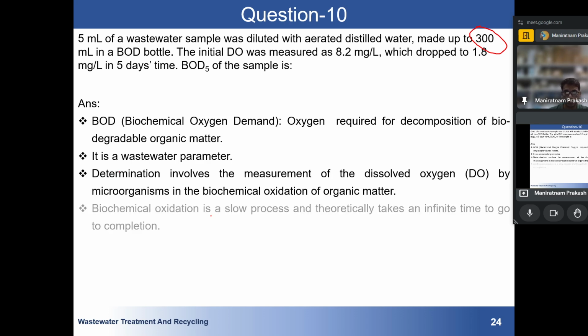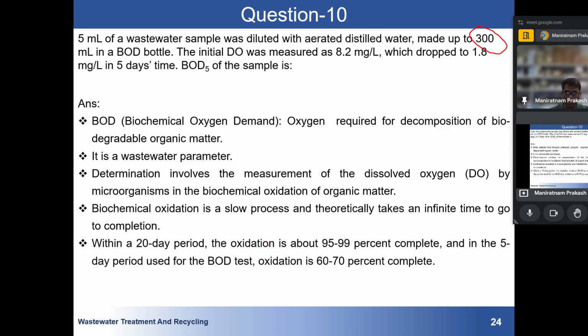Now, biochemical oxidation is a slow process and theoretically takes infinite time to go to completion. Within a 20-day period, the oxidation is about 95 to 99% complete, and in the 5-day period used for the BOD test, oxidation is 60 to 70% complete.